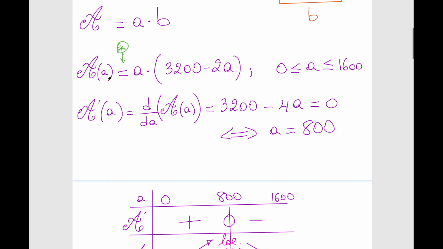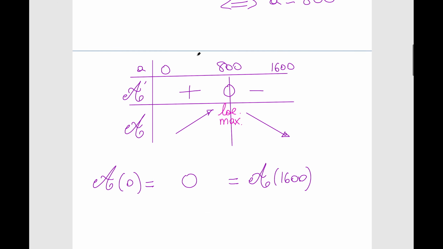So a at 0, if you replace little a by 0, this whole thing is going to be 0 because one of the factors is 0. And if you replace little a by 1600, that guy is going to be 3200, and 3200 minus itself is 0. So this factor is going to be 0, so the area is going to be 0. So you're going to get 0. And so a at 800, it's going to get a positive entity, and hence that's going to be the maximum. And it's going to be the absolute maximum on 0, 1600, right?